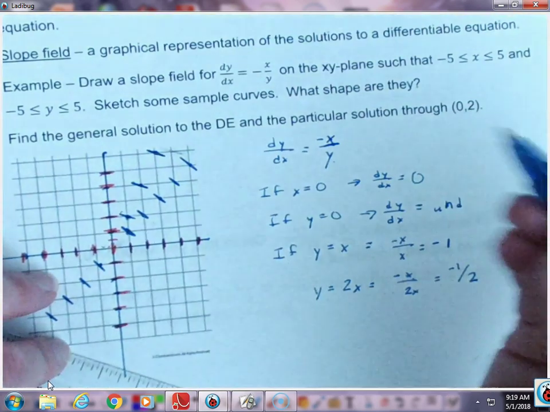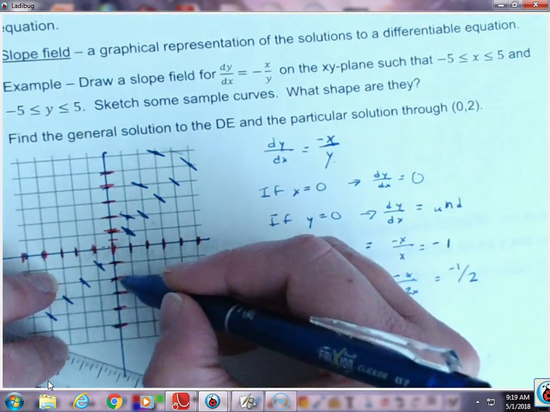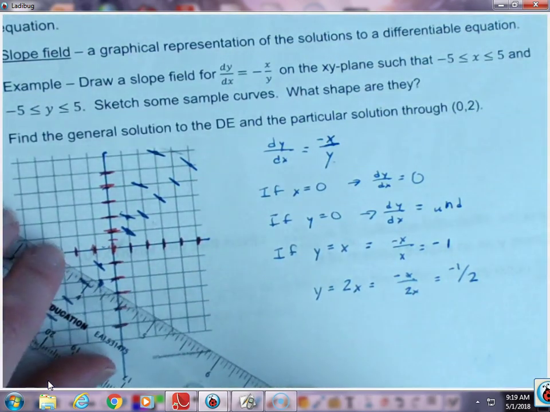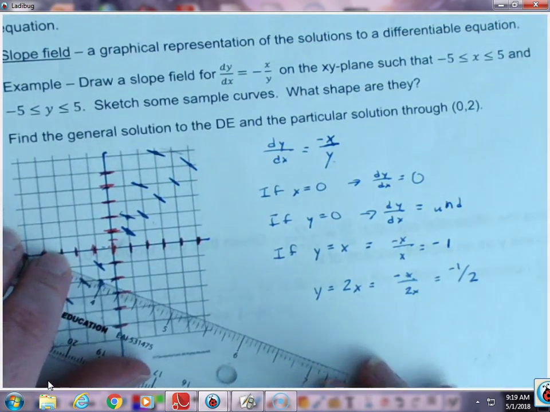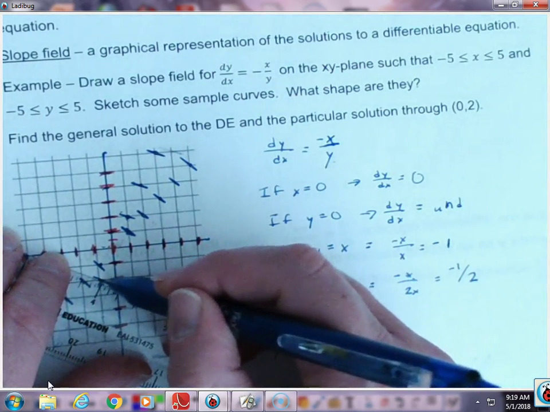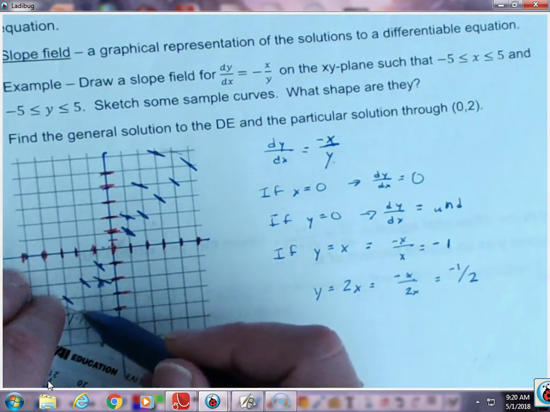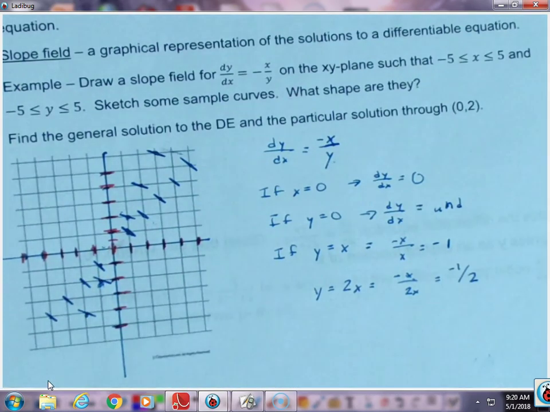Okay, so then I got to go down to right 1. And I got to have the same slope. What's the matter? Aren't you drawing a positive slope?